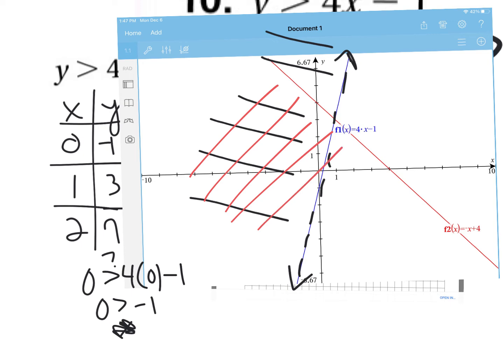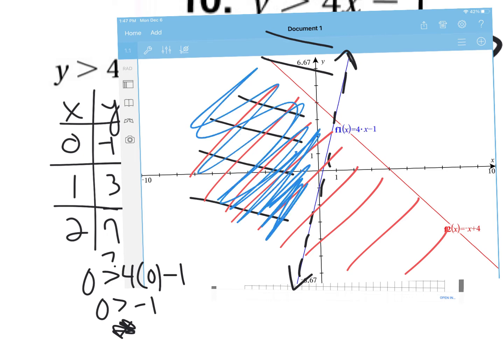So 0, 0 was below that line, so we'd be shading there. So in the end then, it's kind of this region over here that we'd be shading. And you can go back and clean up your other spots if you want. It's not letting me get rid of the other ones up there right now, but anyway, you get the idea.